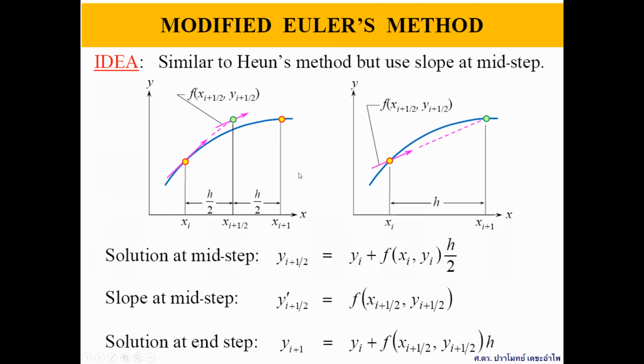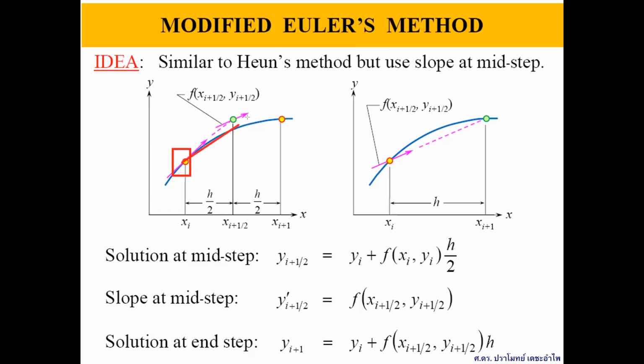From this idea, similar to Heun's method, the modified Euler method, or the midpoint method, will not use the end slope. We use the slope at mid-step instead. So that means we have the initial value here.